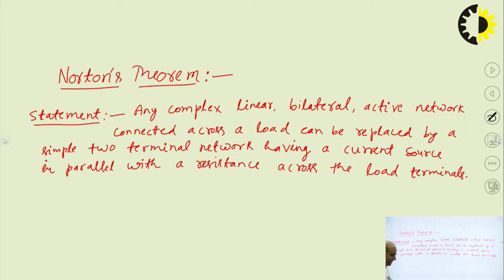What it states is that any complex circuit which consists of linear bilateral and active elements can be replaced by a simple two terminal network consisting of a current source in parallel with a resistance across the load terminals.